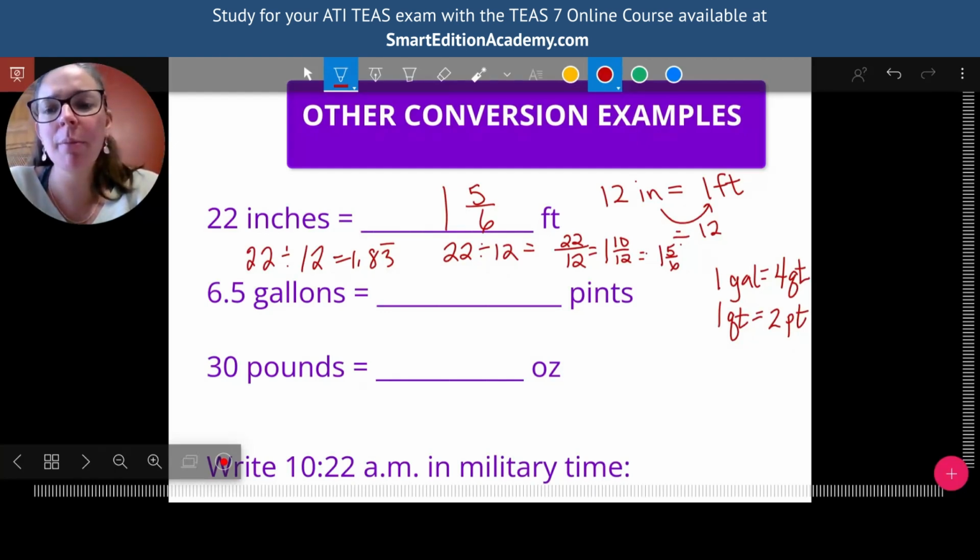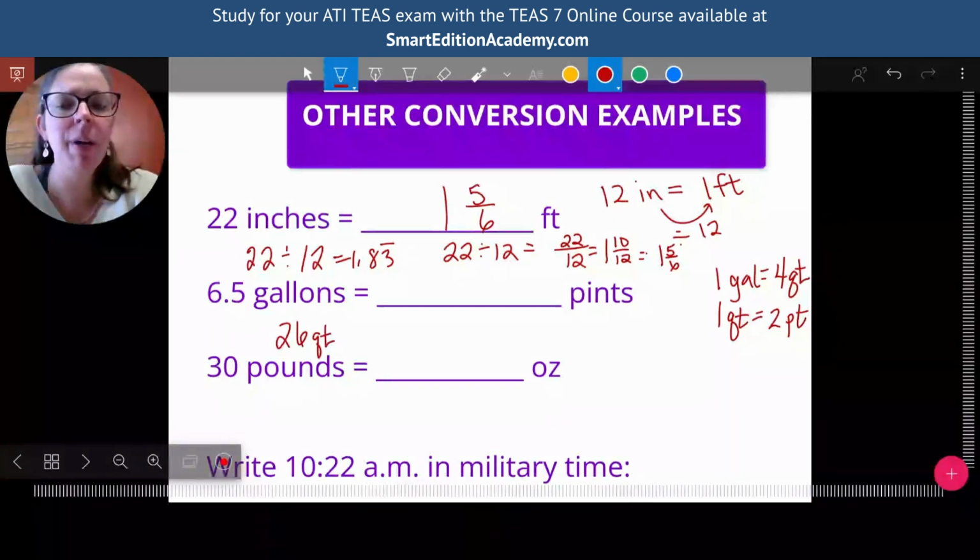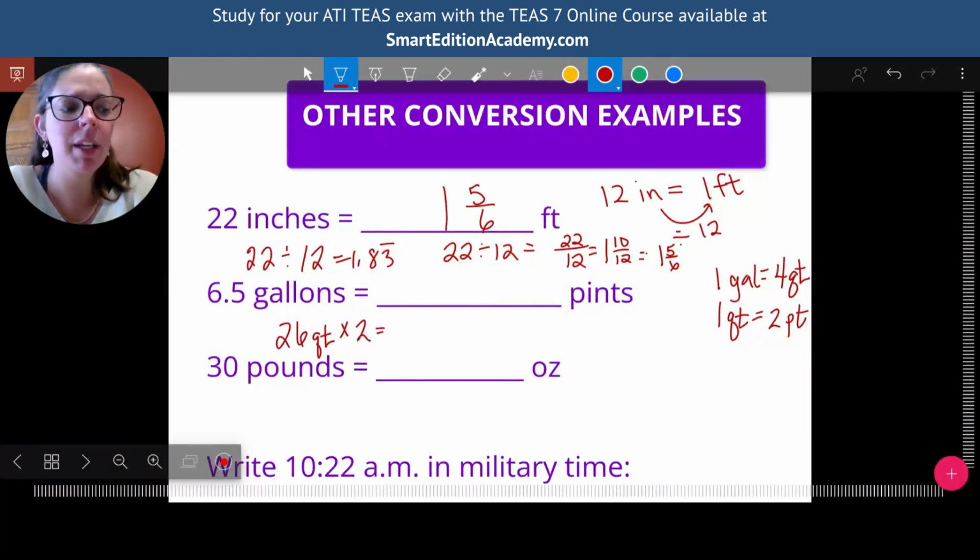Multiplying by 4, 6.5 times 4 would give me 26 quarts. Then if I want to go from quarts to pints, I'm just going to have to multiply by 2, and I would get 52 pints. So the answer will be 52.